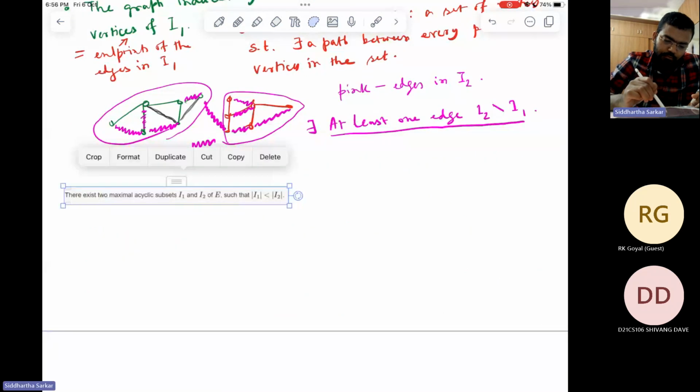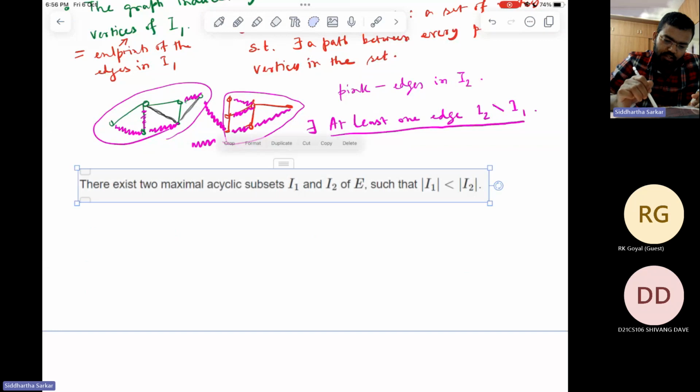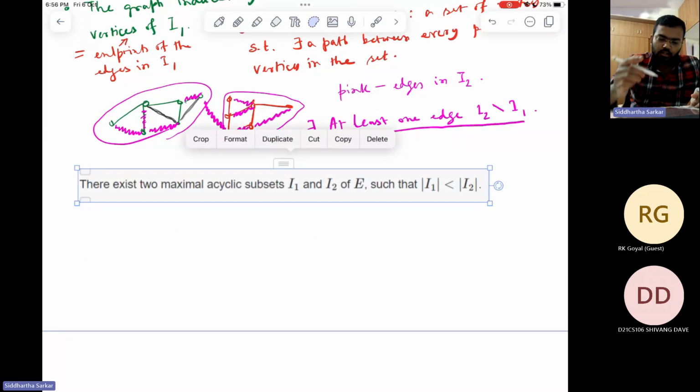So it is making a claim that there is a graph, and in this graph there are two subsets of edges I1 and I2, both of them maximal acyclic, but their cardinalities are different. Is this possible? Or whenever you see a maximal acyclic subset, its cardinality should be the same as the cardinality of another maximal acyclic subset? That is the question.